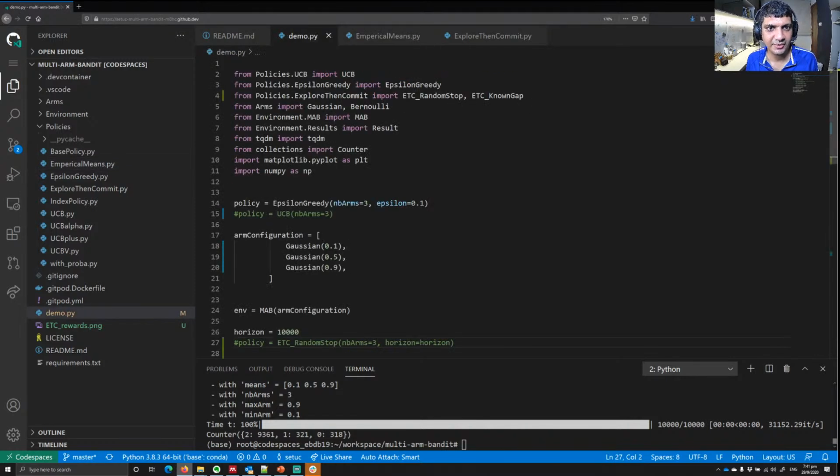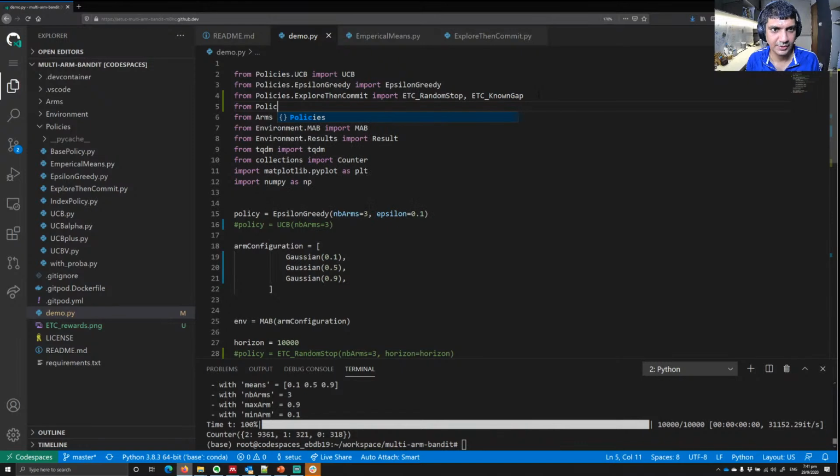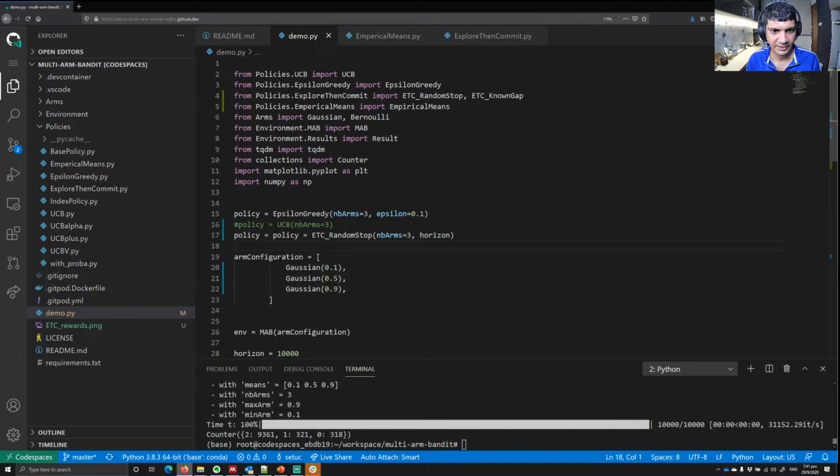So now let me set this up as well. From policies, all right, and then let me set up my policy.